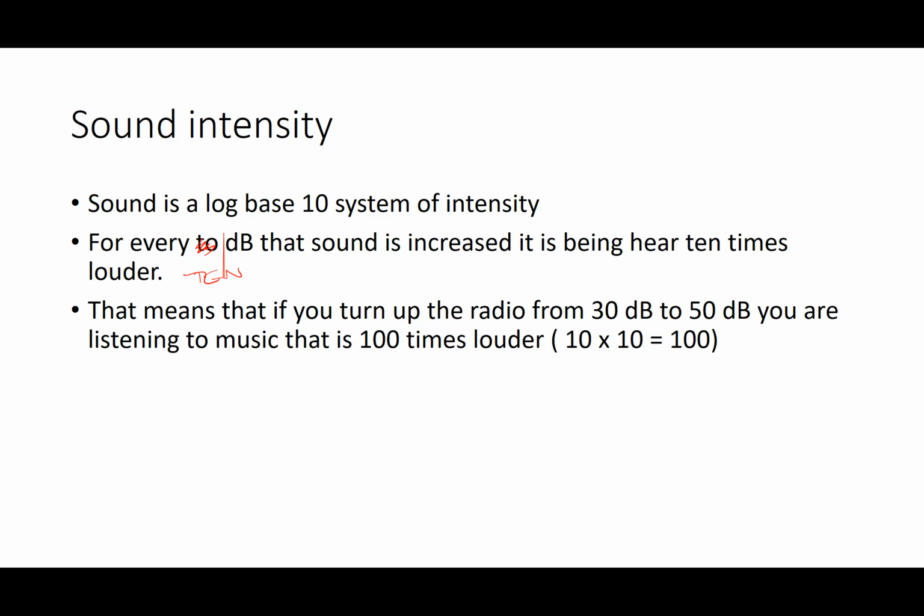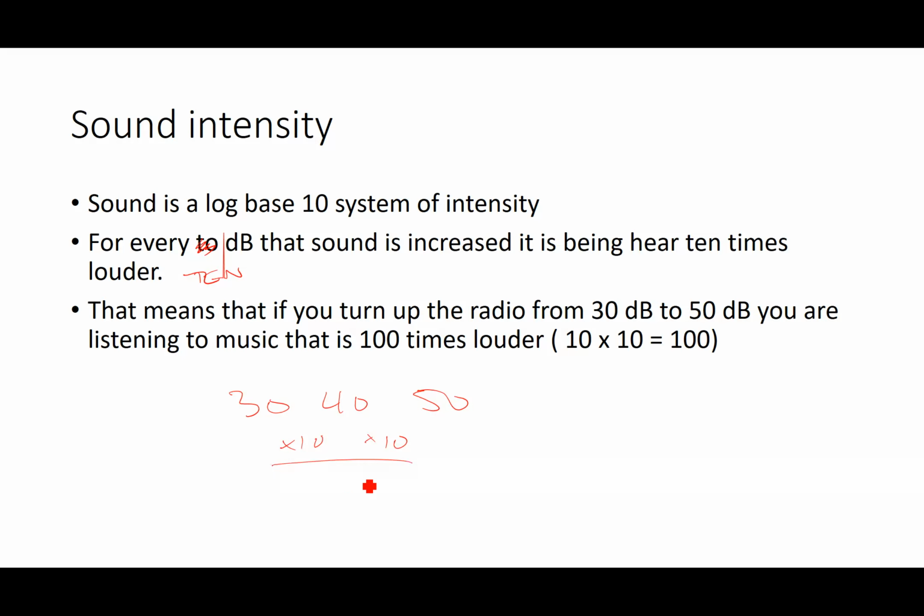What does that mean? That means if you turn up the radio from 30 decibels to 50 decibels, you are listening to music that is now 100 times louder. So to go from 30 to 40 to 50, every time you move up 10 decibels, it's 10 times louder.